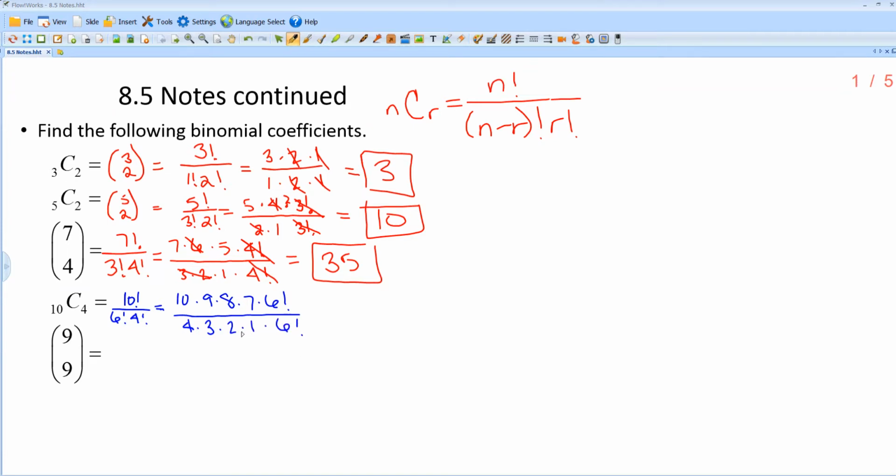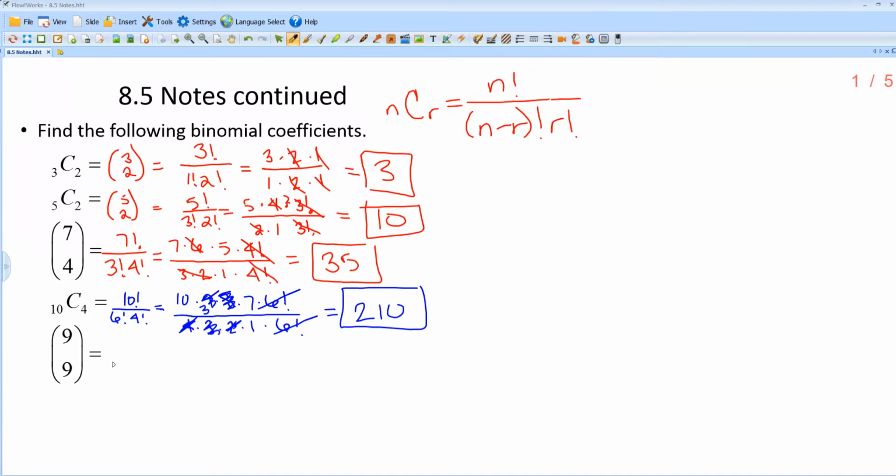Notice I'm writing out all of the smaller one, and I'm stopping at 6 factorial because those can cancel. The 4 and the 2 would give me 8, and 9 over 3 will give me 3. 10 times 3 is 30, times 7 is 210. So now I've jumped to a location in Pascal's triangle without actually writing it all out.